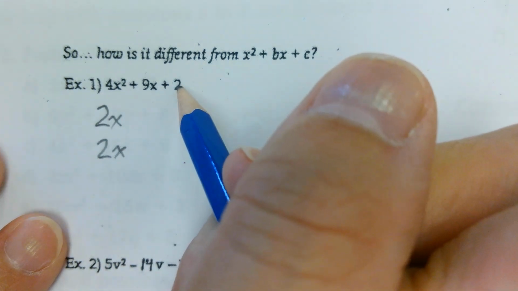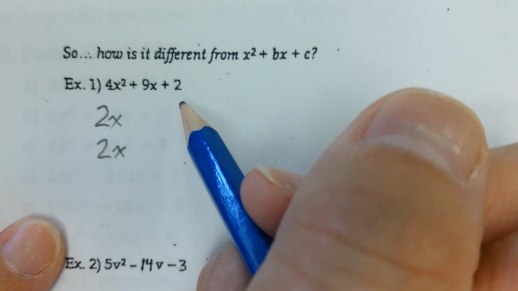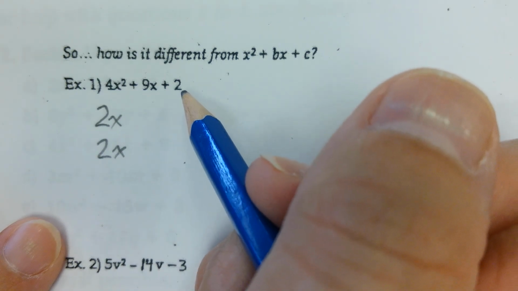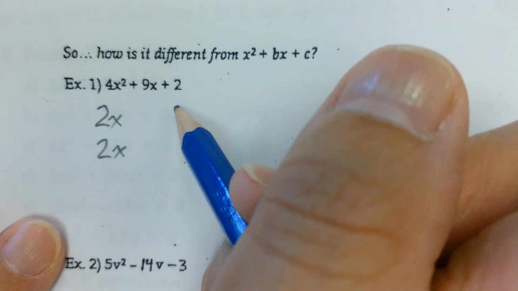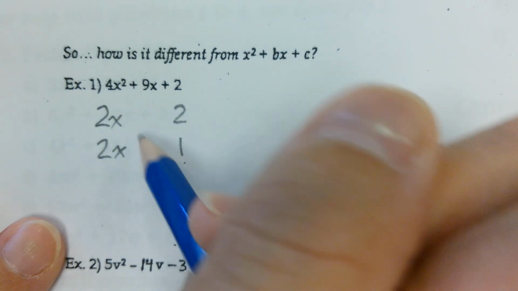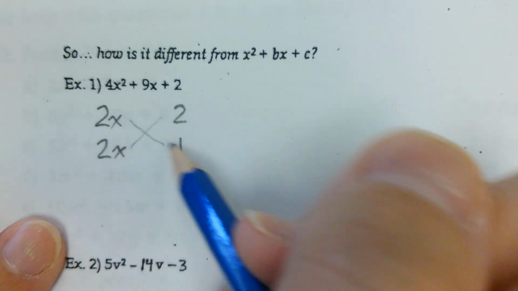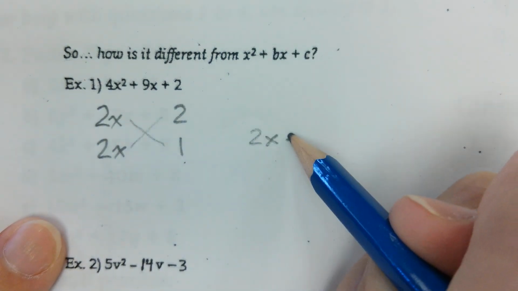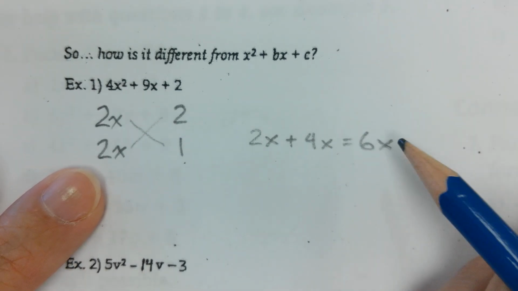Now what about the 2? How do I split up the 2? So 2 times 1, right, or 1 times 2. So when I cross multiply it, I get 2x plus 4x, which gives me 6x.